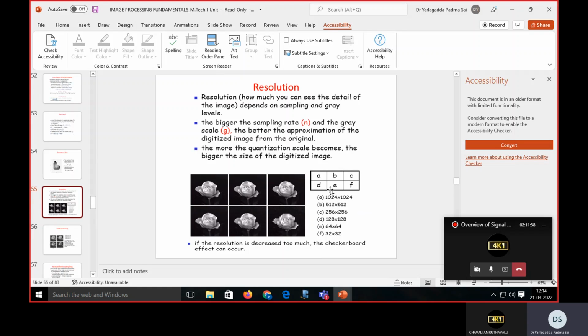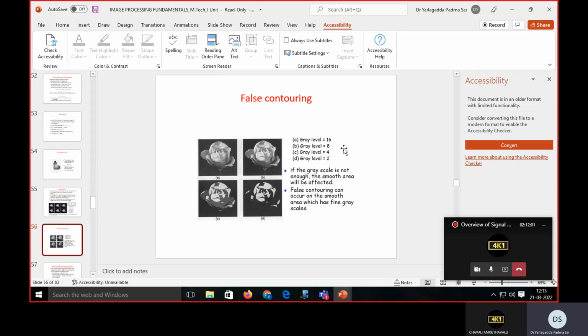Now, it is nicely explained in Gonzalez's book by considering the problem. Keeping the number of bits constant, reducing resolution: as it goes on reducing, you are unable to identify the object clearly. That problem we call the checkerboard effect. The same problem occurs with gray levels also.